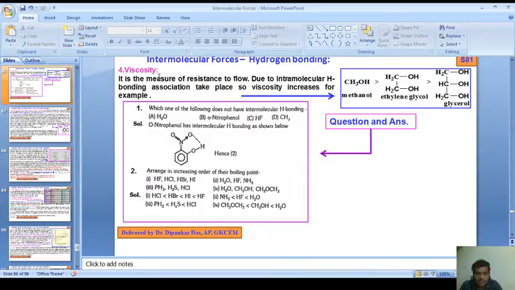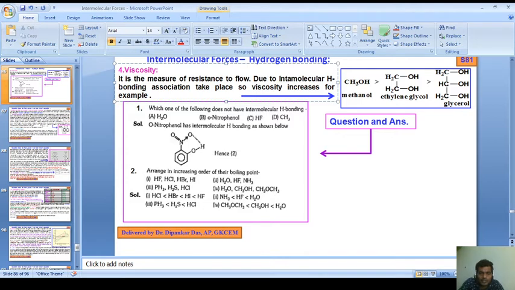It should be inter, not intra. Association takes place, so viscosity increases. Okay, intermolecular hydrogen bonding.